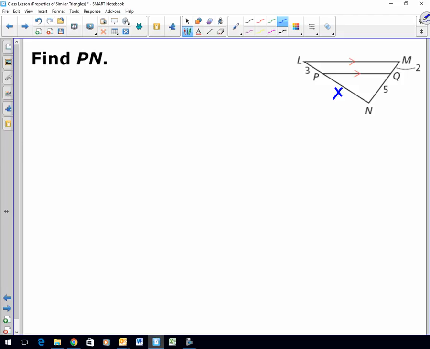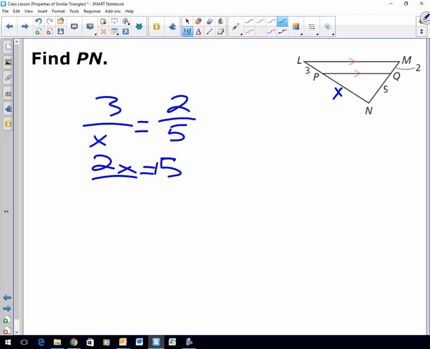So it divides the other sides of the triangle, not LM, but it divides LN and MN proportionally. 3 over x equals 2 over 5. Cross multiply, 2x equals 15. X is 7.5. Simple one, right? You got it?